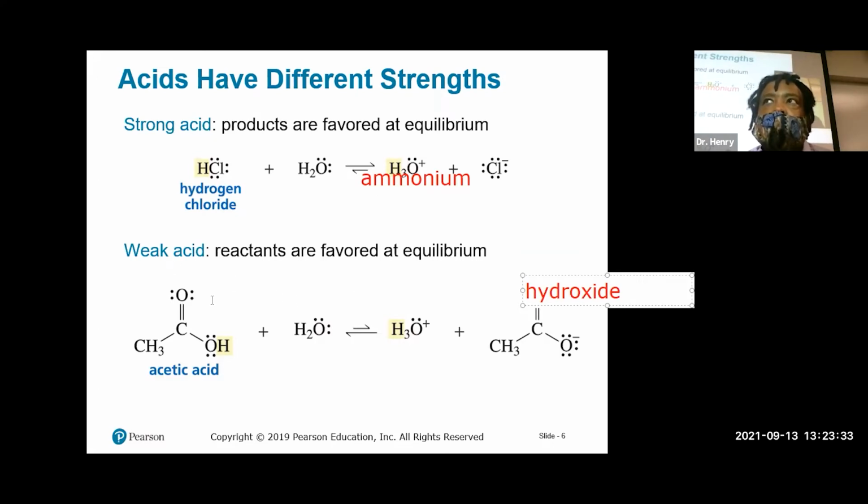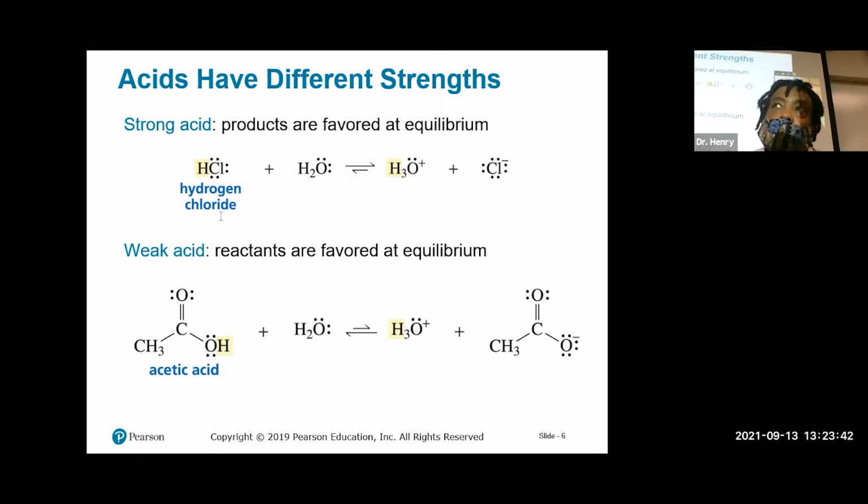So you're going to have more of this in solution than of these. But in a strong acid, you're going to have more of the ionic forms, the separated, dissociated form, than the form that's together. You're going to have very little of this, but tons and tons of this, right? You guys remember that? Because it almost dissociates completely. And that's what this arrow basically shows us.